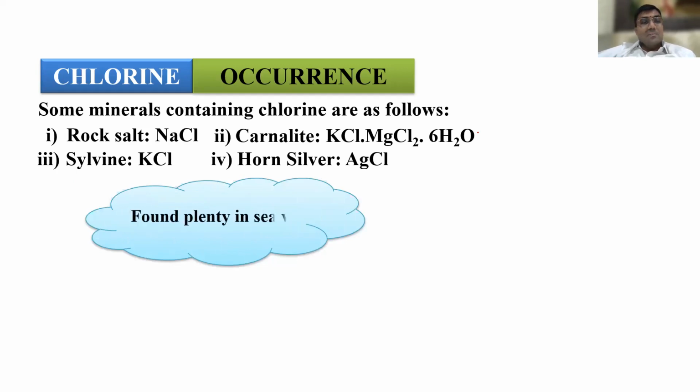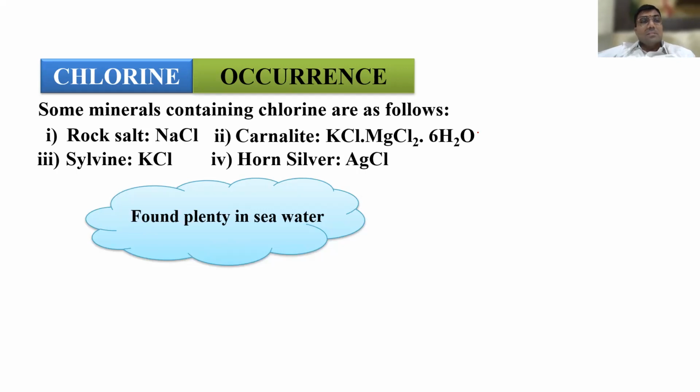It's found plentifully in nature and in seawater. These are the sources of chlorine. Carnallite is also present in seawater, and seawater contains 2.8% chlorine in the form of chlorides. So this is all about the basics of abundance.